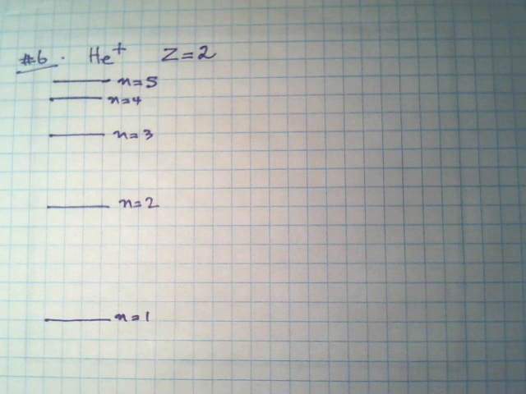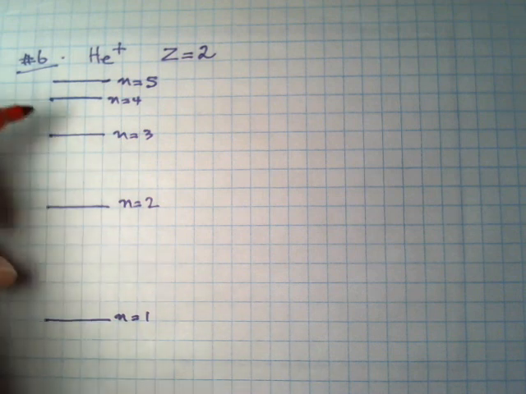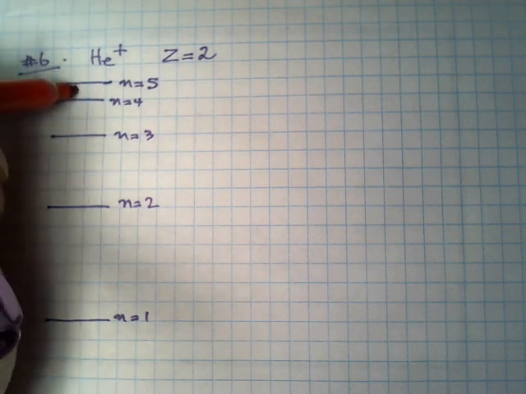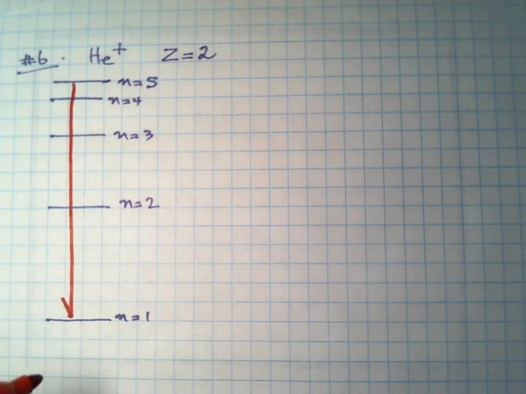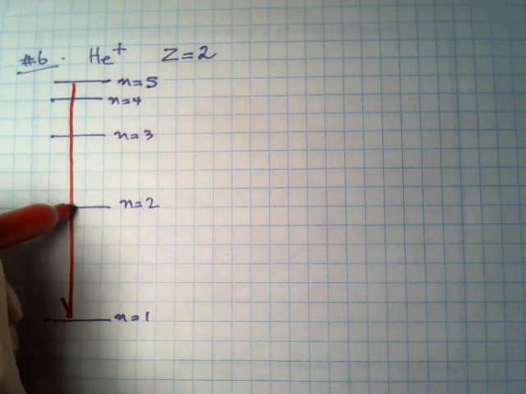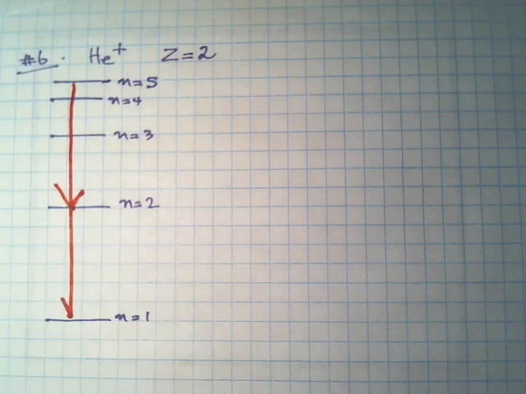So the electron is relaxing from 5 to 2. So I'm going to draw the relaxation arrow from 5 all the way. Oh, I went too far. It's from 5 to 2. That's going to bug me that that's there.